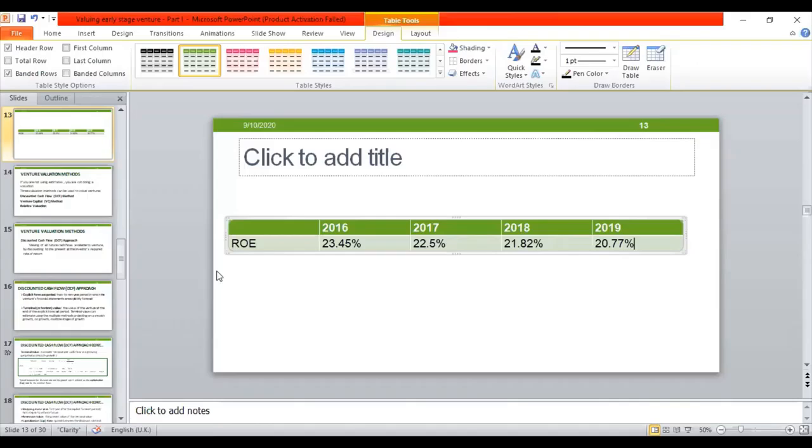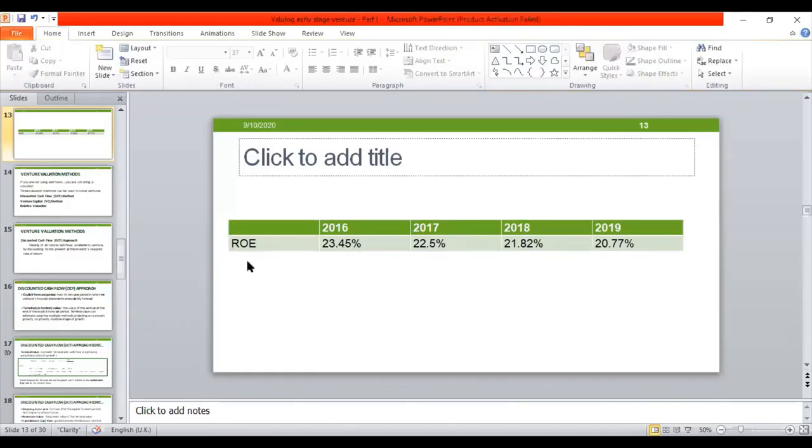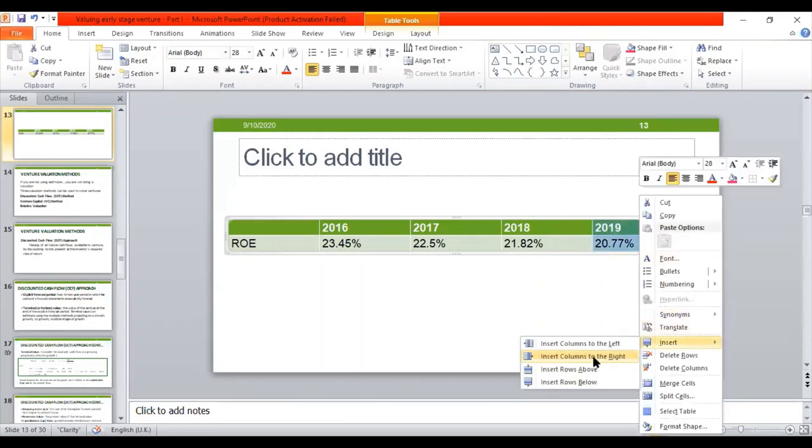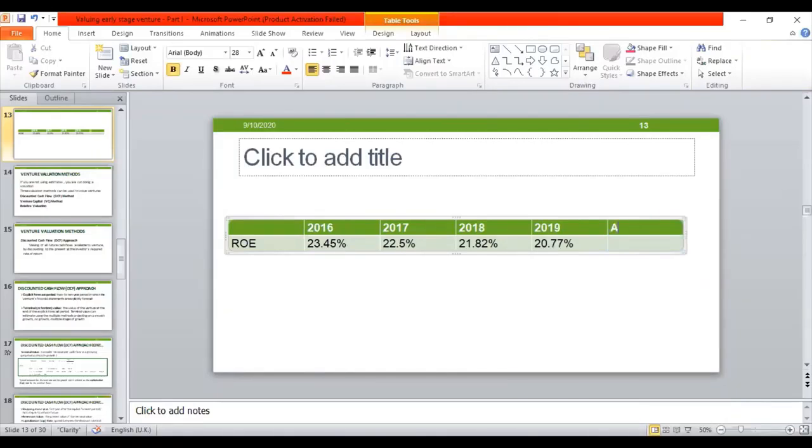Right? Then we can take an average value. The average value would be 22.76%. So the historical average return on equity of this firm would be 22.76%.